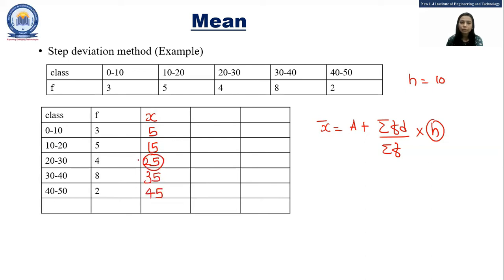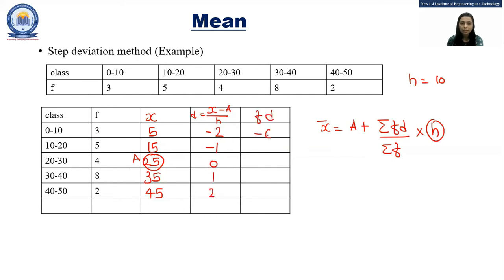Now let's take the value of a as 25. Now d is x minus a by h, where h is the class interval width, that is 10. So 5 minus 25 divided by h, that is minus 2, minus 1, 0, 1 and 2. Now let's find f into d.